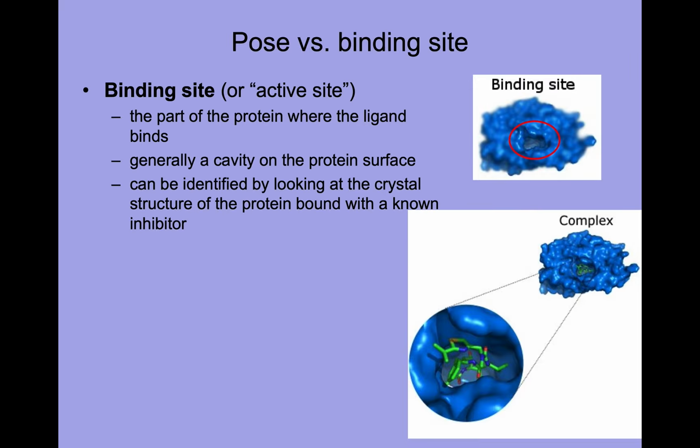Binding site means the active site, the part of the protein where the ligand binds. Generally, a cavity on the protein surface is used as the binding site. Or if we have modeled the protein structure by ourselves, like I have told you in my previous tutorials how to model your protein.